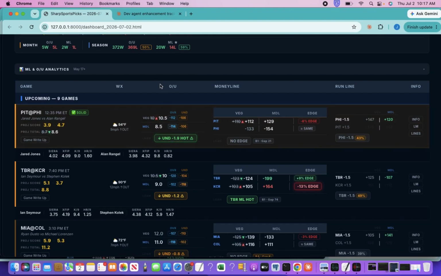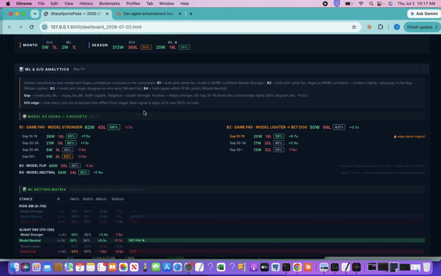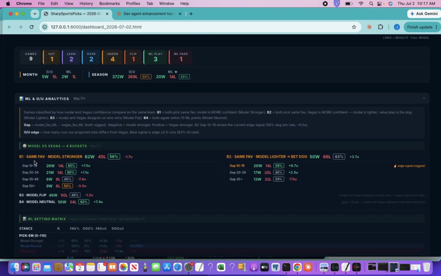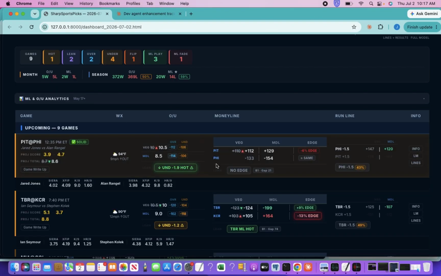All right, so basically, there's four types of ways a money line would work if you think about it. The first one is we have the same favorite as Vegas, but our model is stronger than what Vegas has, if that makes sense. So let's say Vegas has a line exactly like this.